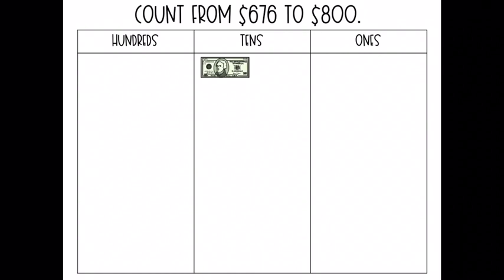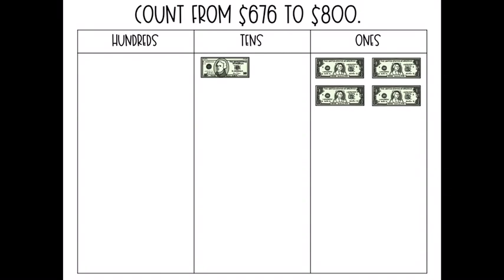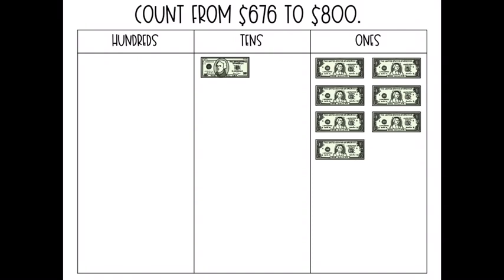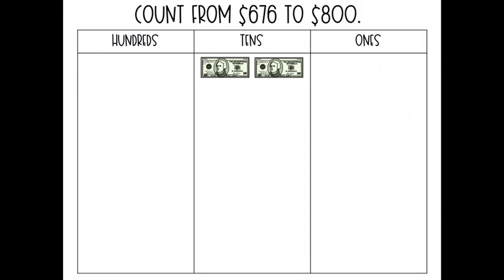Alright, so let's keep counting with ones, starting with 686. 687, 688, 689, 690, 691, 692, 693, 694, 695, 696. That's another 10 ones, so we're going to bundle those to make a 10.